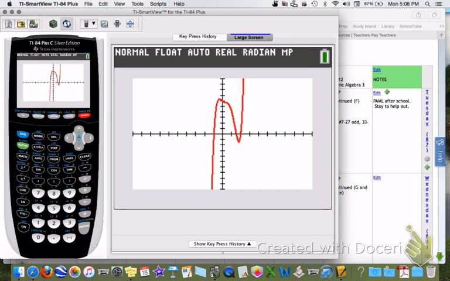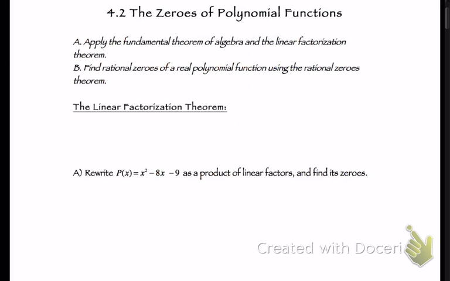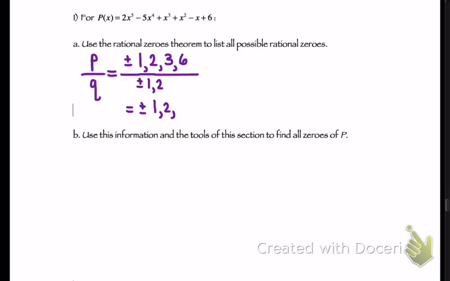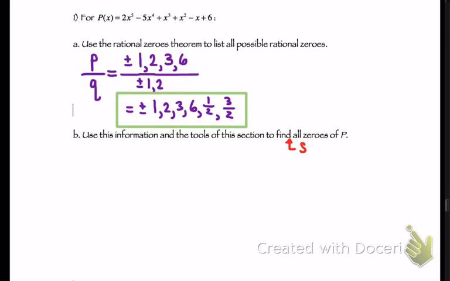Looks like that positive 2 could be 1, but that negative 1 where it crosses the x-axis, it looks like that's definitely 1. So I'm going to probably start with that one. I'm going to start with using the negative 1 as my possibility.